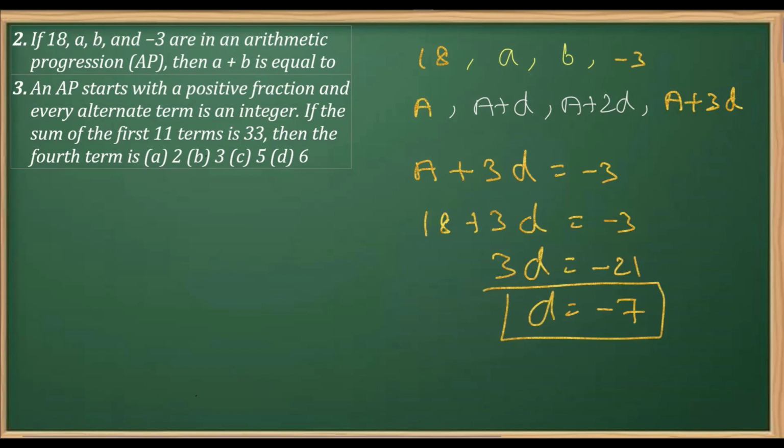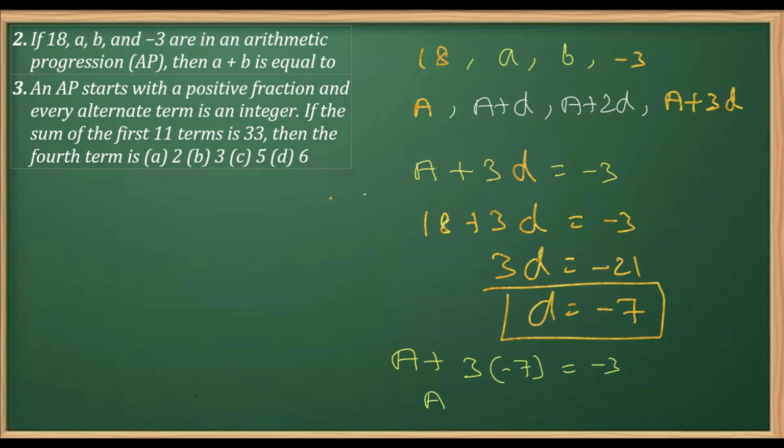Now, once we have the value of D, we can replace D over here, and D is minus 7. So this is A plus 3 times minus 7 is equal to minus 3.